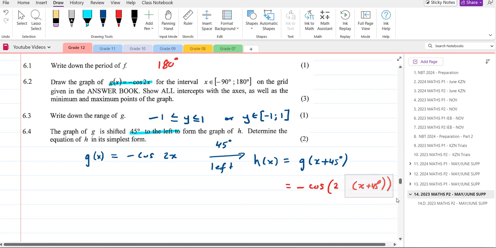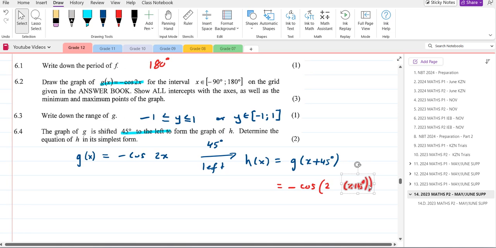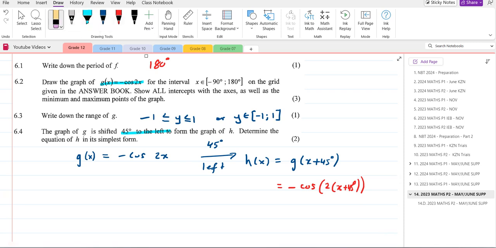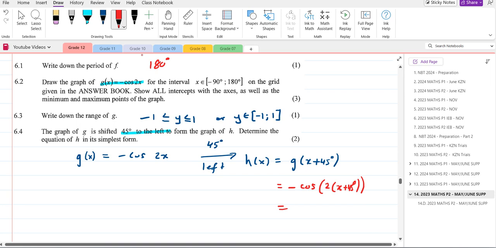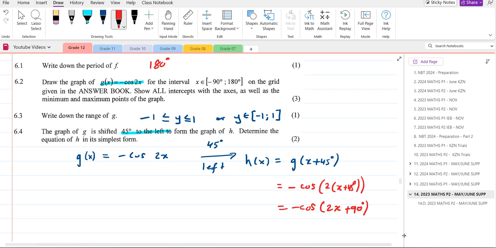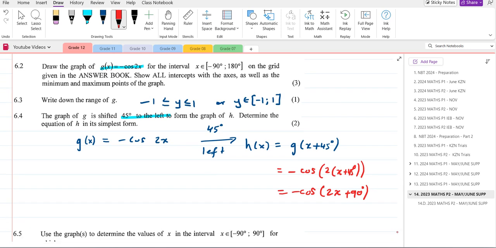Open the bracket: 2 times x is 2x, negative cos 2x plus 90. Now 2x plus 90 is in the second quadrant. Cos in the second quadrant is negative, so negative times negative, cos becomes sine because of the 90, so it becomes sine 2x.